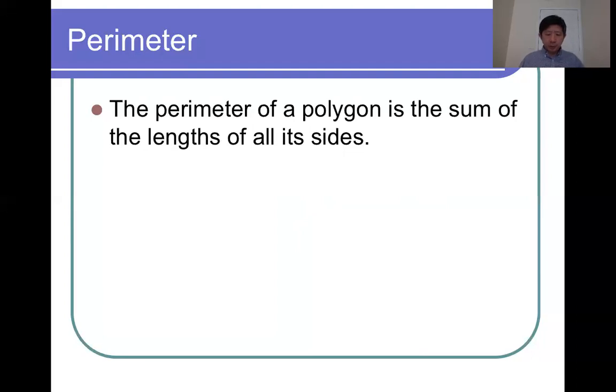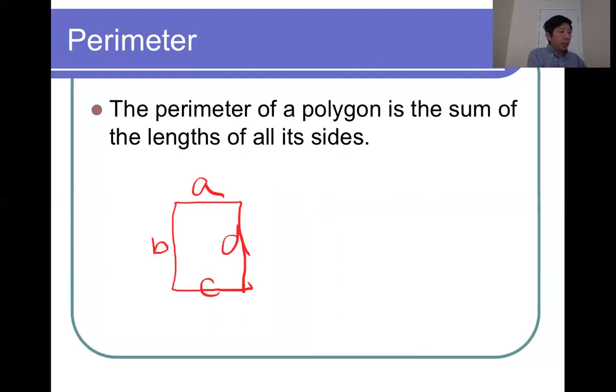So if you have a rectangle like this, A, B, C, and D, you sum all the lengths. Take A plus B plus C plus D, right? So that's it together.